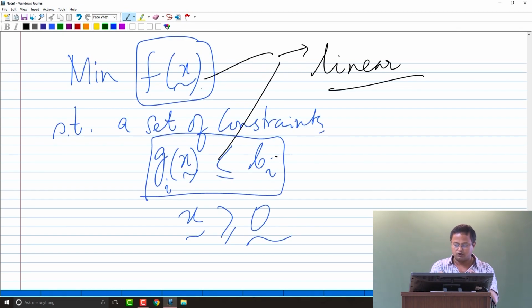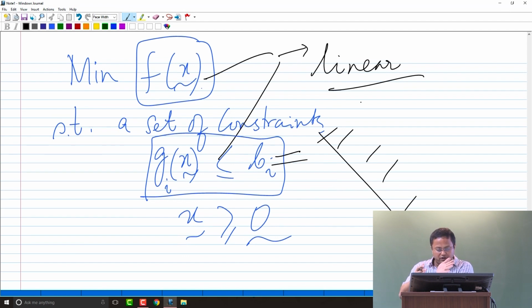So, what will you have? Corresponding to each such linear function in 2D you will have a line and a side of it, so corresponding to each constraint a hyperplane, open on one side the feasible region, the other is infeasible. So, each one gives you such a convex set, no. Each line gives you a convex set like this.